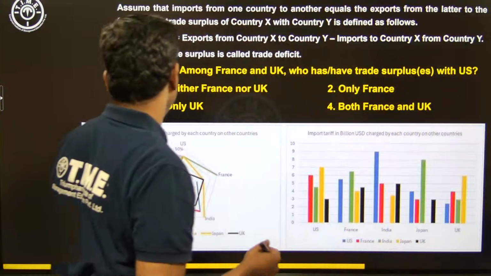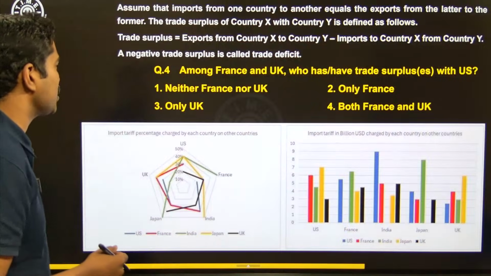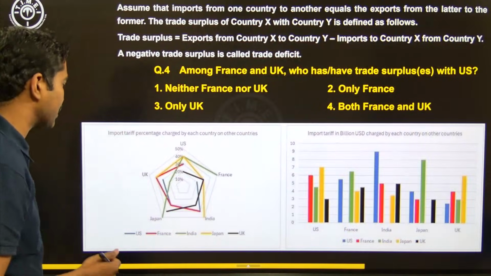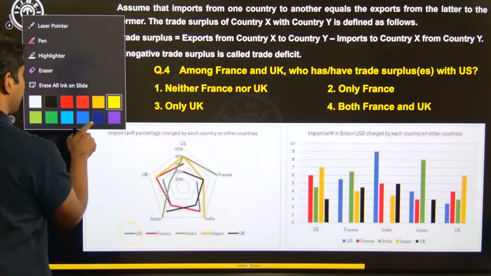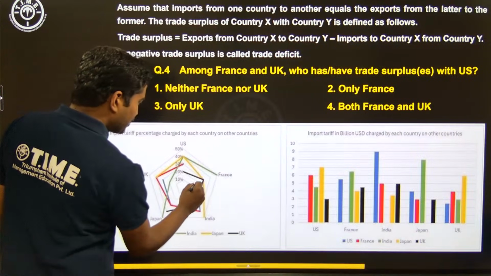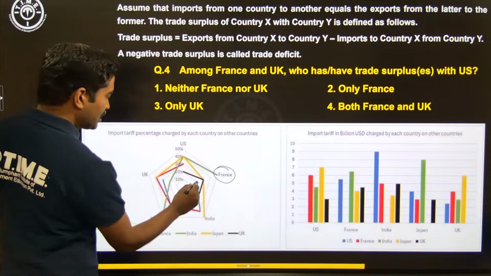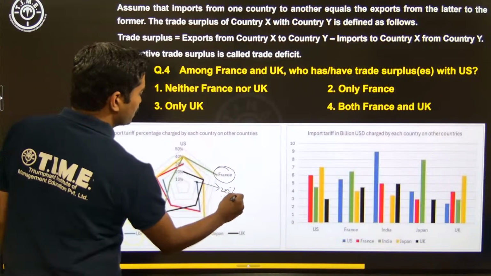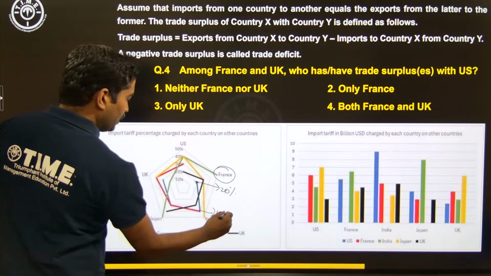Yes, Mystical Frankie, the first one is import tariff percentage charged by each country on other countries. Take the example of this blue, right? This blue represents USA. Now, what does this represent? On France, whenever France exports to the US, it is charging 20% as import tariff. On India, 40% tariff, right?